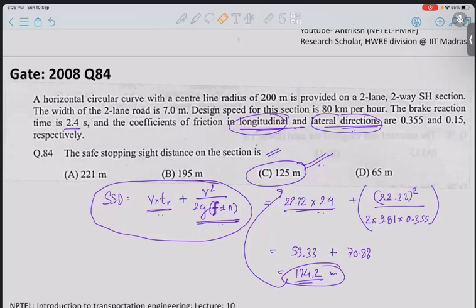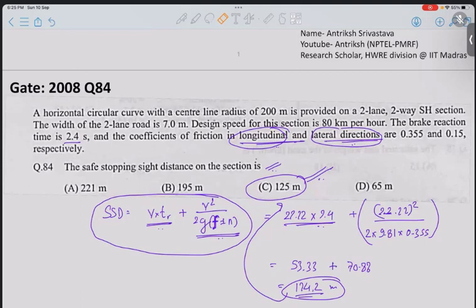So this is a two-part question. We are given all the details for the curve. First they asked us, what is the safe stopping sight distance? When we calculated it, we got the answer to be 124.2, which is a little bit different from 125, but because this was the closest option, we selected 125.